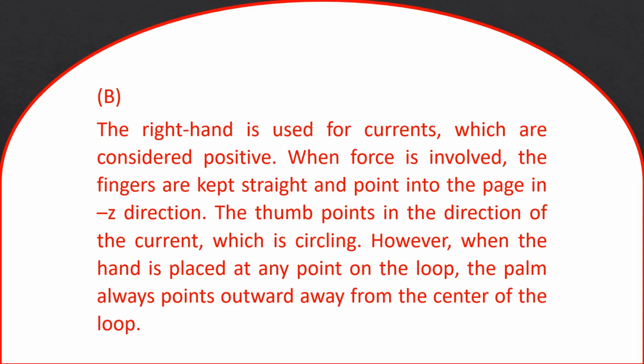Now the right hand thumb points in the direction of the current, which is circling. However, when the hand is placed at any point on the loop, the palm of the right hand will always point outward and away from the center of the loop. So option B is the correct answer.